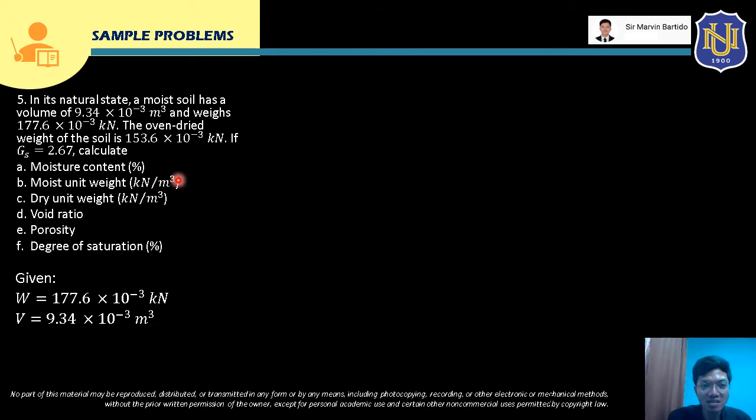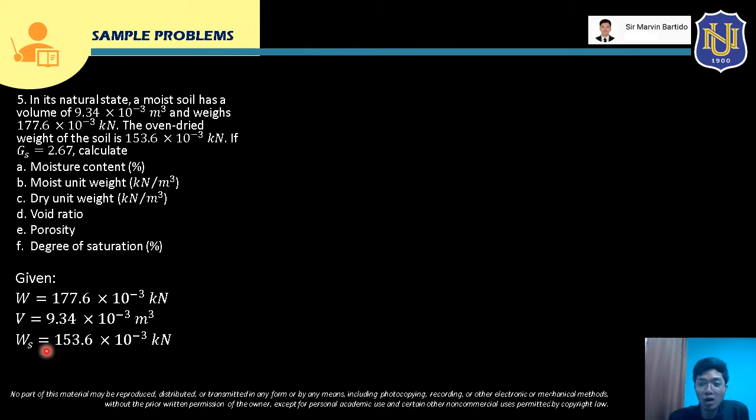Also, the oven-dried weight of the soil is given, so that is the weight of the soil solids: 153.6 times 10 raised to negative 3 kilonewton. Obviously, class, the weight of the soil solids should be less than the total weight. Right?